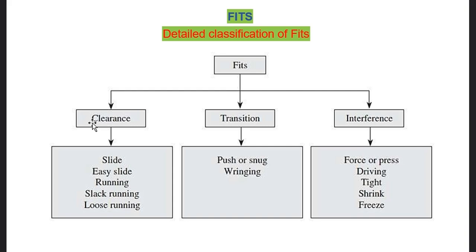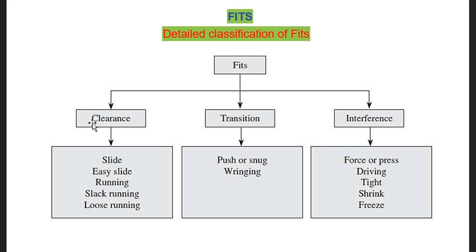Where the shaft is sliding inside a hole, or running loosely inside the hole, that is an example of clearance fit. For example, a piston cylinder assembly is an example of clearance fit, where the piston is reciprocating inside the cylinder.